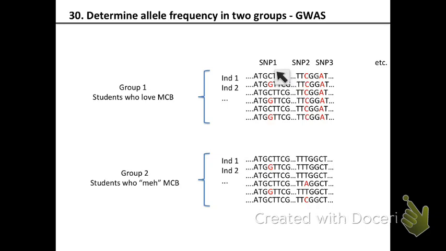And at some locations, you're going to vary. So these locations, for example, SNP1, SNP2, and SNP3, and the sequences that vary, I color-coded in red, okay? So what we need to know is which of these sequences up here may be conferring love for MCB compared to the other students, right?